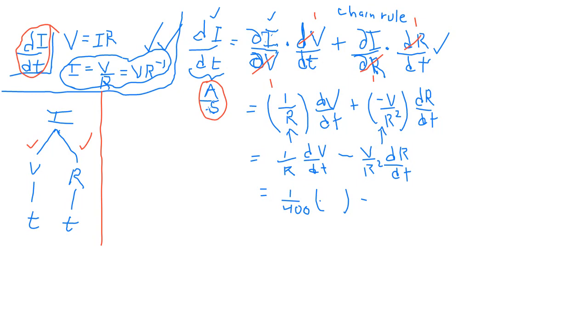Well, you copied it down. dV dt is equal to negative, good, Ryan, negative 0.01.